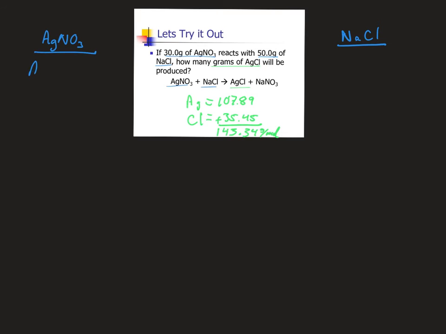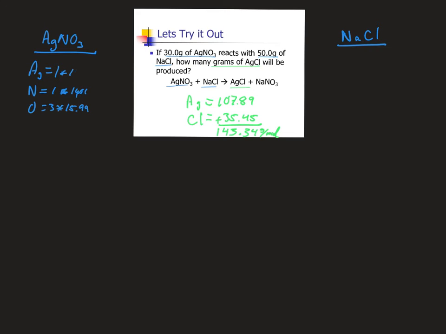And so here I have silver, nitrogen, and oxygen. Oxygen is 3 and 1 and 1. 15.99. 14.01.